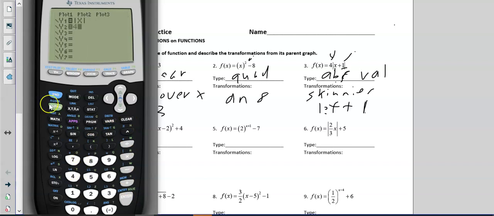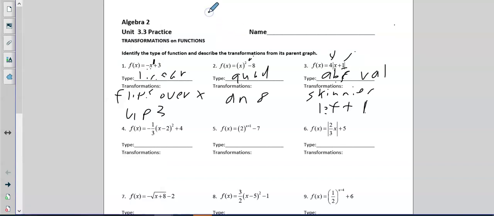I need to put the 4 in first. Then math, over, absolute value, x plus 1. Now you'll see, there's my parent function, and there's my transformed one, skinnier, and moved left 1. So use the calculator.